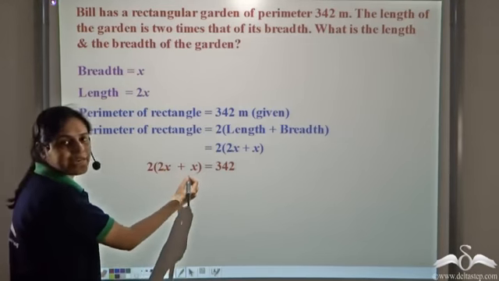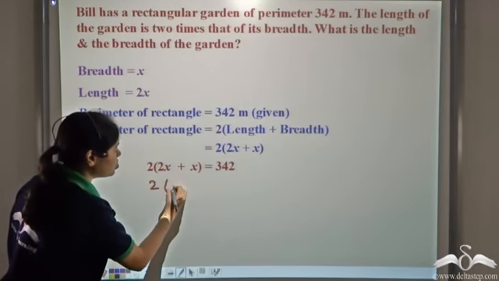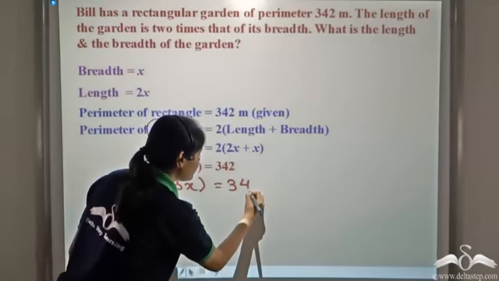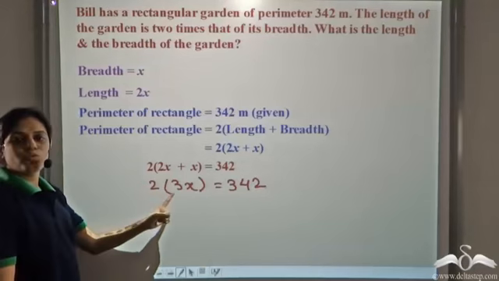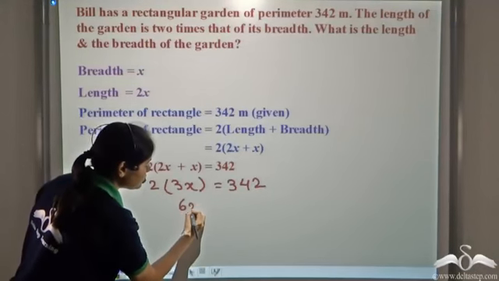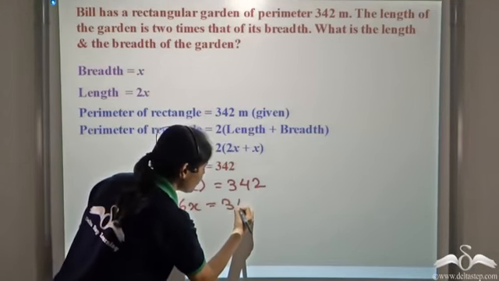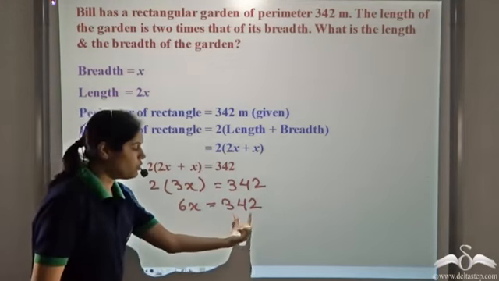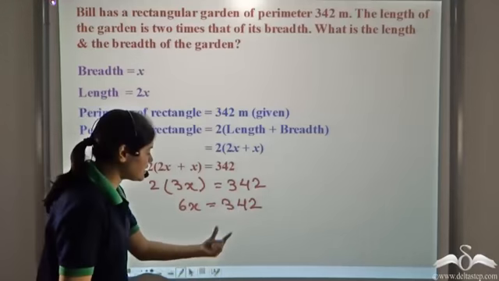So 2x plus x is 3x. 2 into 3x is equal to 342. 2 into 3x is 6x, which is equal to 342. x is equal to 342 divided by 6.